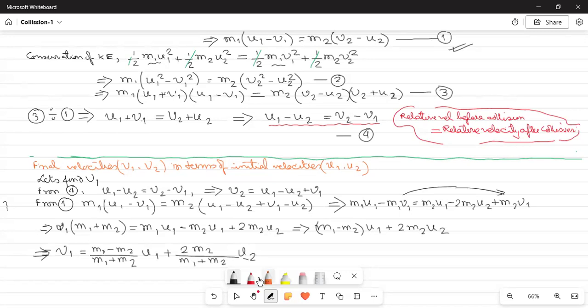Let us say this is equation 5. So here we have the final velocity v1 in terms of the two initial velocities, u1 and u2.